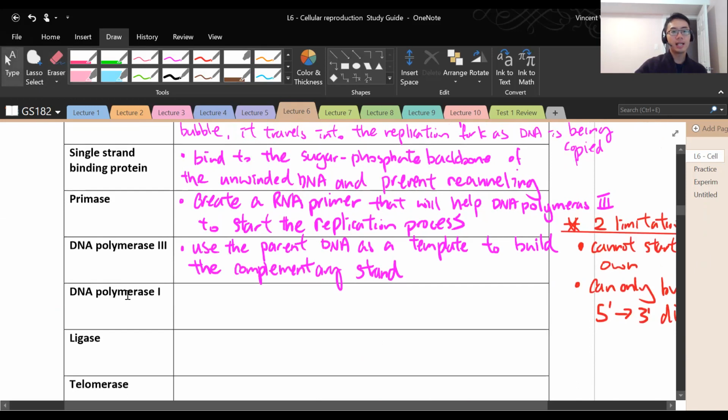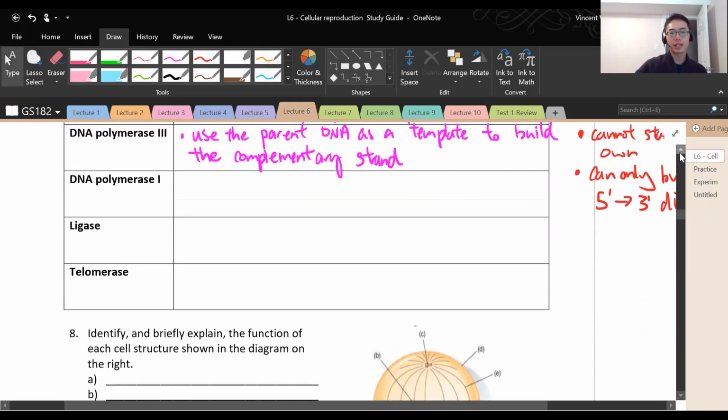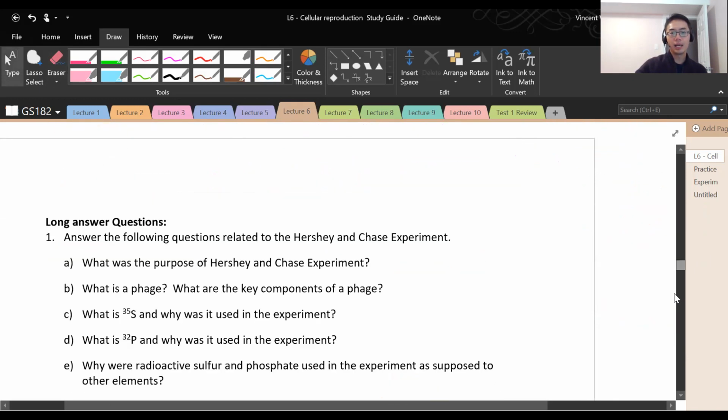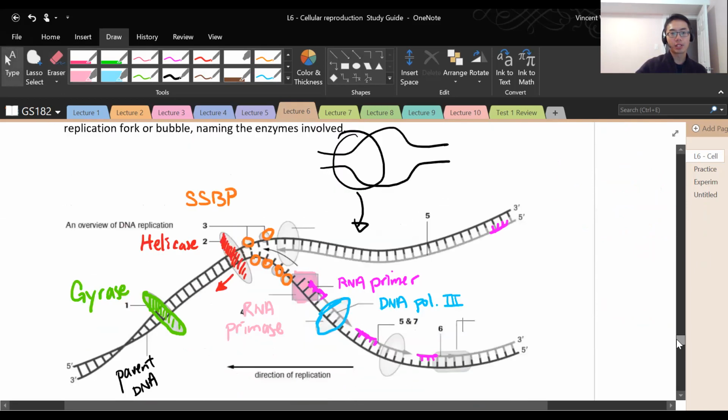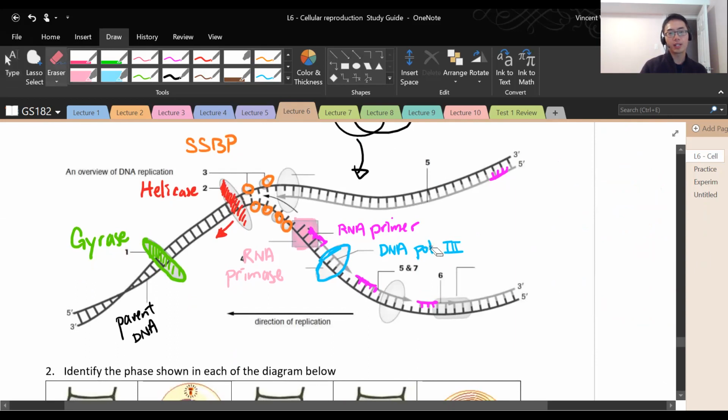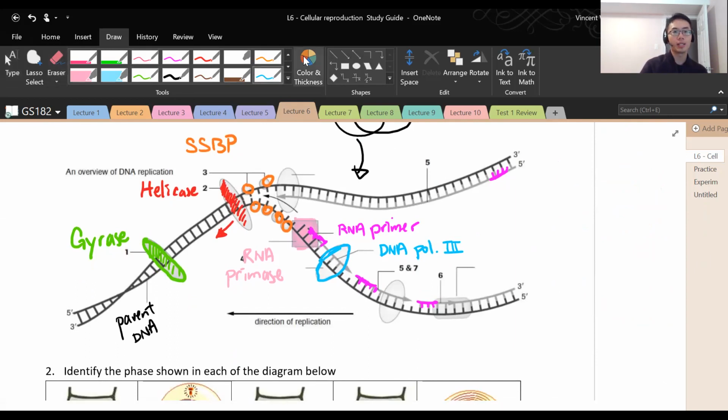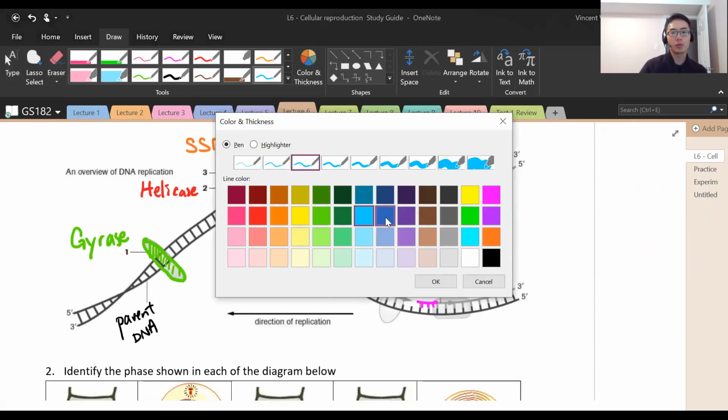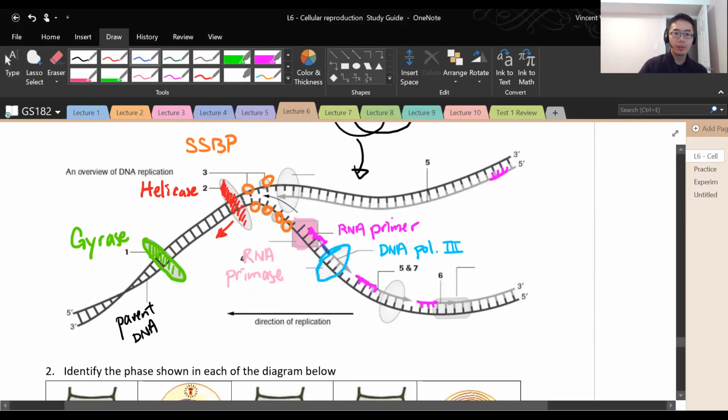Next, we have the DNA polymerase 1. What does that do? Let me switch back to here for a second. Eventually, if you follow this DNA polymerase 3, it will build a new DNA strand, but it's going to get closer and closer to the RNA primer that's ahead of it.